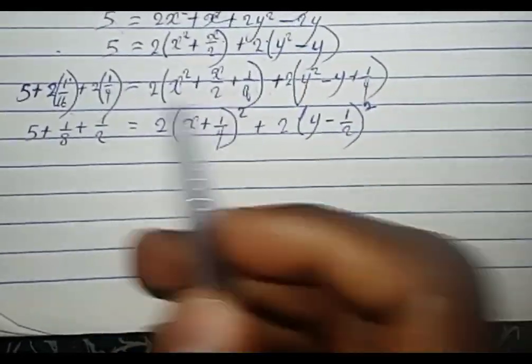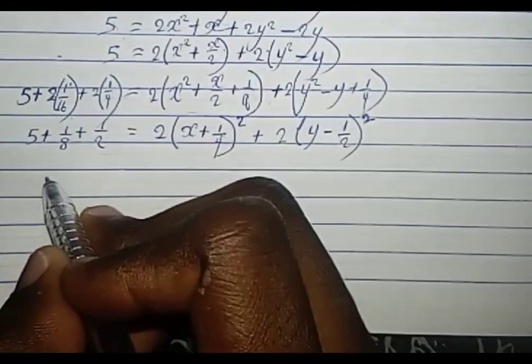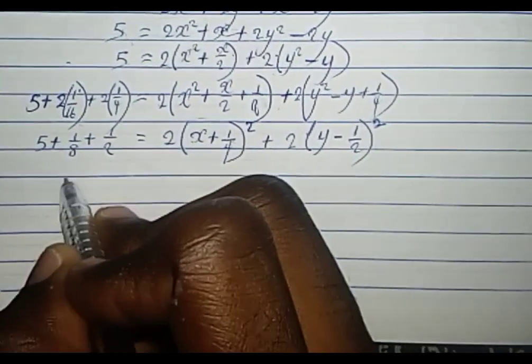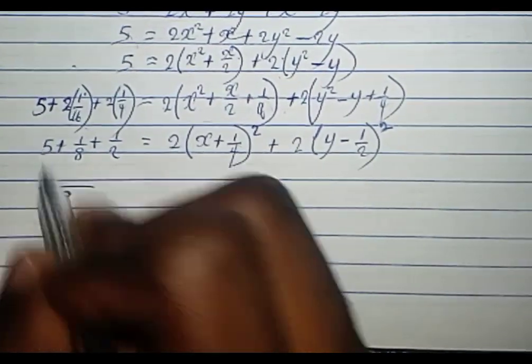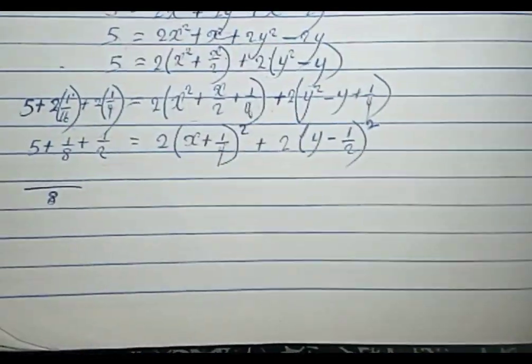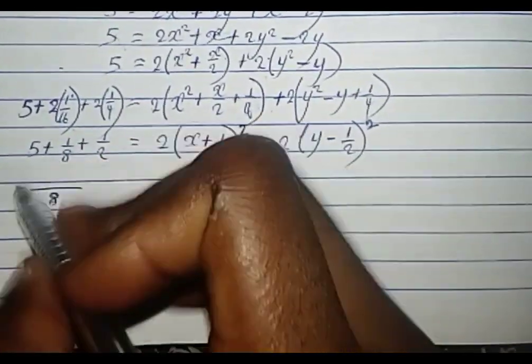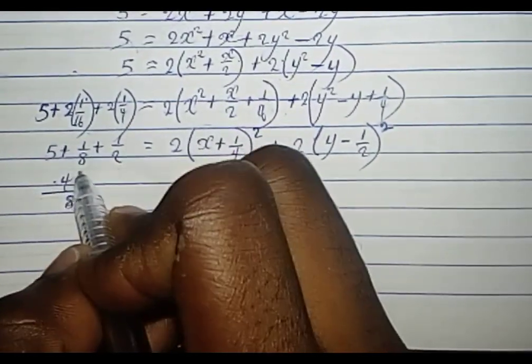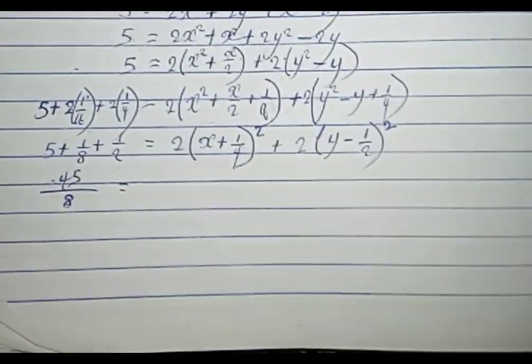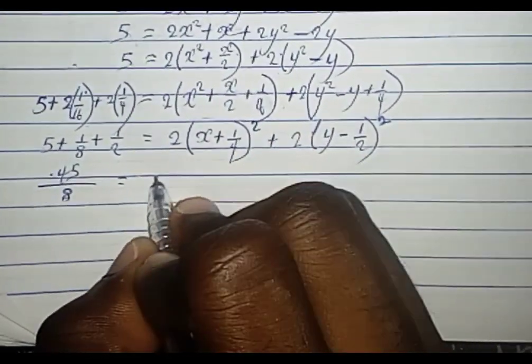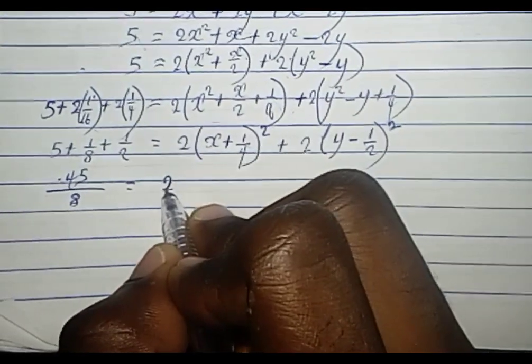So now from here we can see that adding this up would have 8 at the denominator, and then this is 40 plus 1 plus 4, that is 45. That is 45 over 8, and this is equal to 2 in bracket.